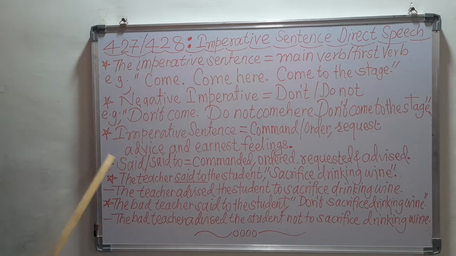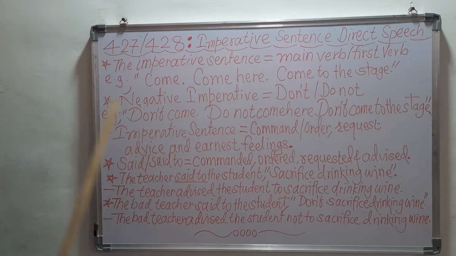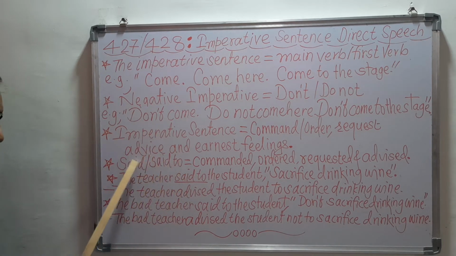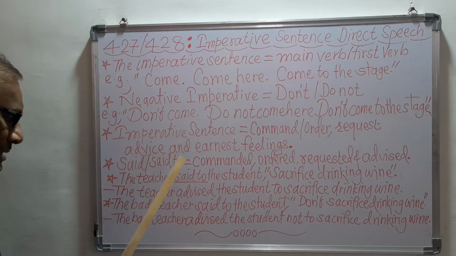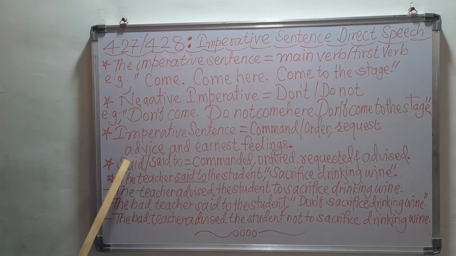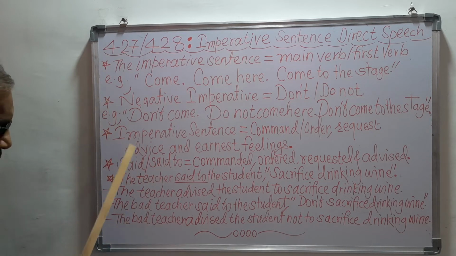Now the next part I will explain is that said and said to are the verbs there. In the imperative sentences of direct speech and indirect speech, there is the reporting verb, and that reporting verb is said or said to.